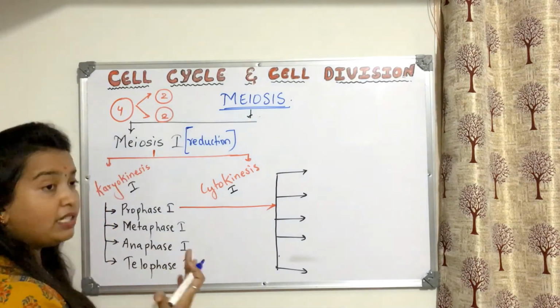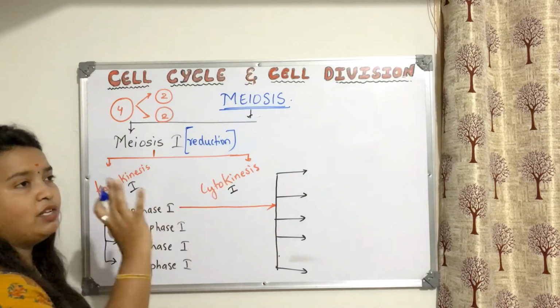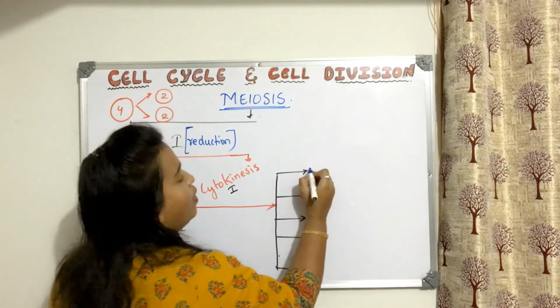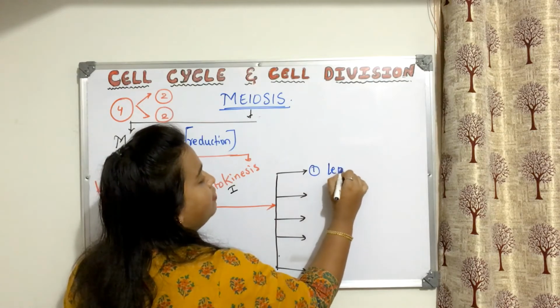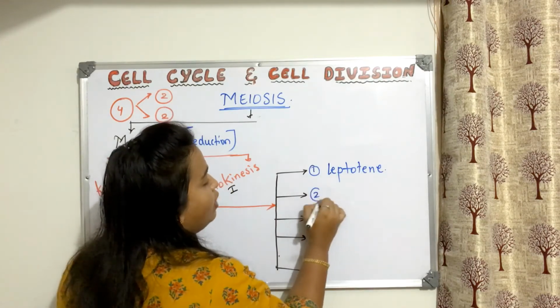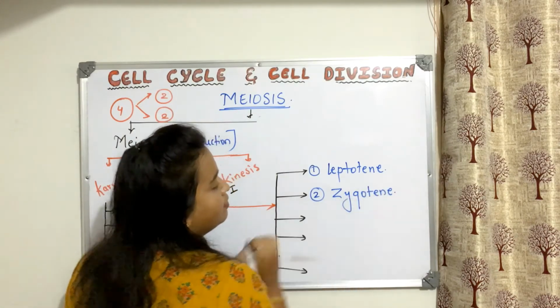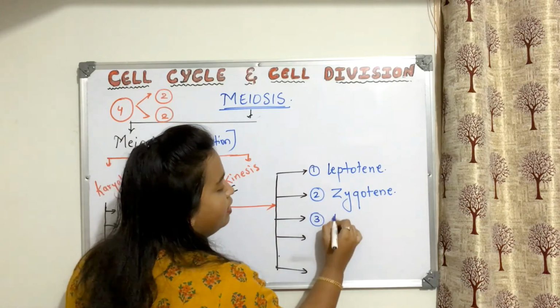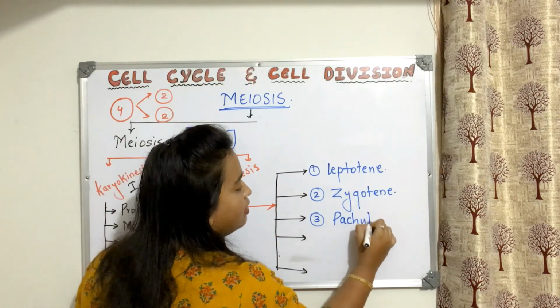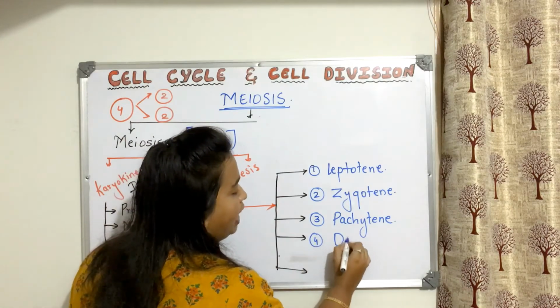Which are the 5 stages? We will talk about everything in detail later, but here is the overview. The first one is leptotene. Second is zygotene. Third is pachytene. Fourth is diplotene.